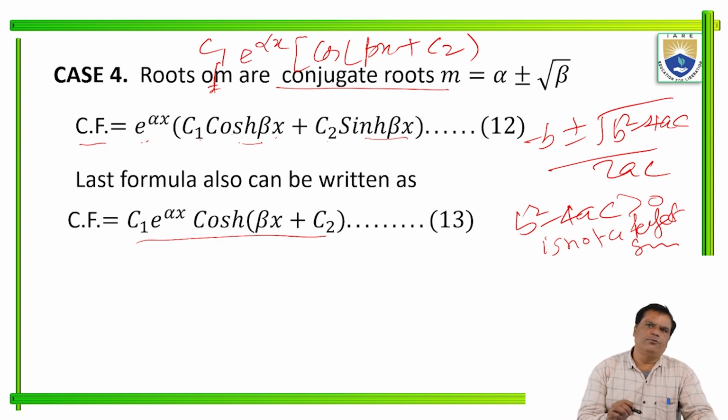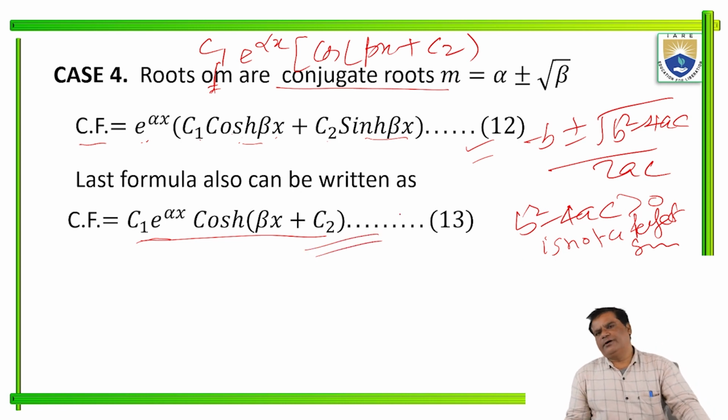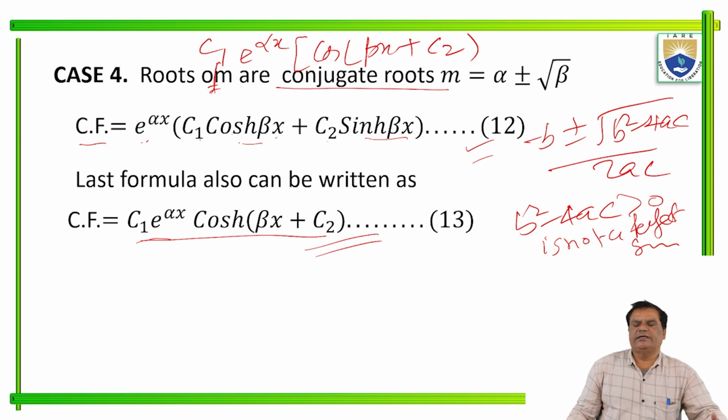This is also a proved formula. We can also prove this here. This can also be written as C1 e to the power alpha x cos hyperbolic beta x plus C2. So if the roots are conjugate roots, then our complementary function is written in hyperbolic form.